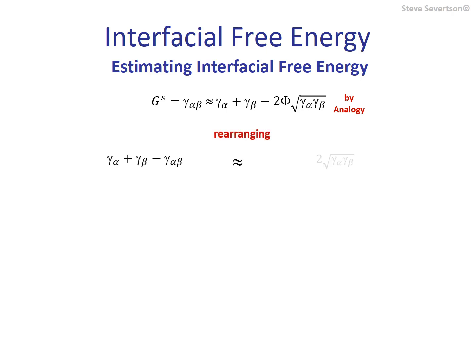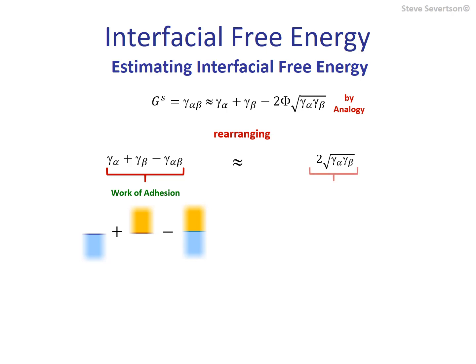The left-hand side is the theoretical or reversible work of adhesion. It is the work required to separate phase alpha from phase beta. For a pure phase, the work required to separate it from itself, the work of cohesion, is equal to 2 times the surface free energy for that phase. Thus, the right-hand side is the averaged work of cohesion for the alpha and beta phases.